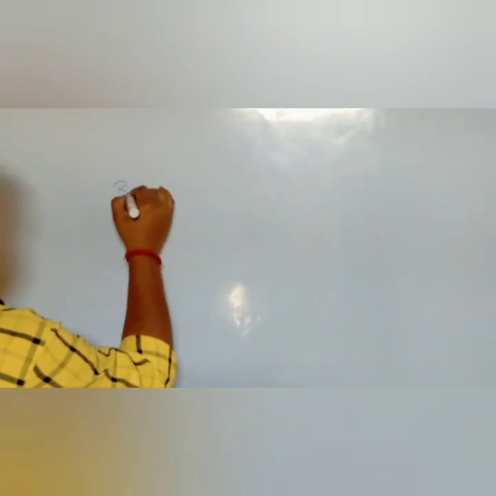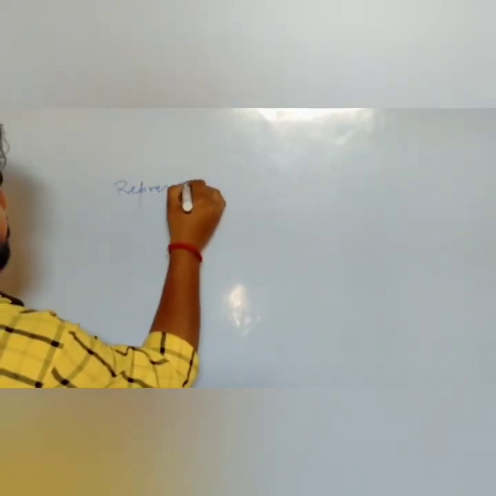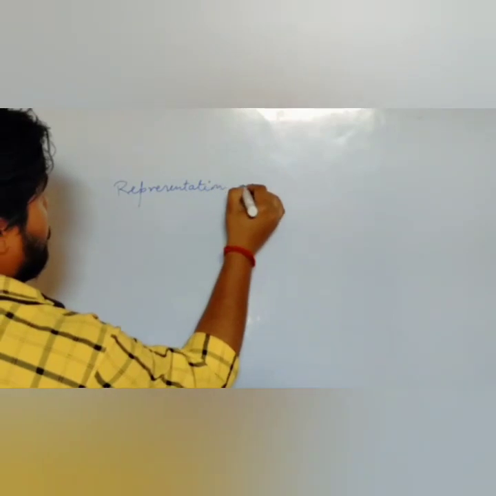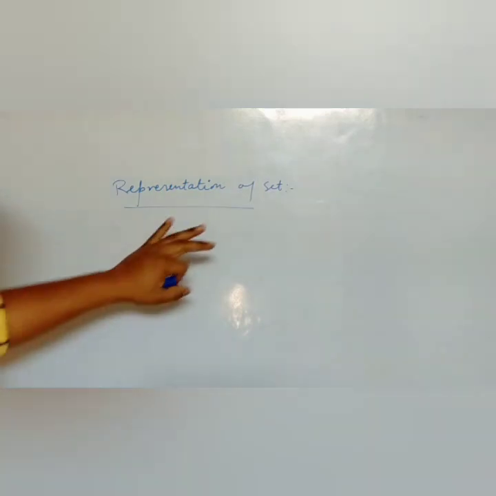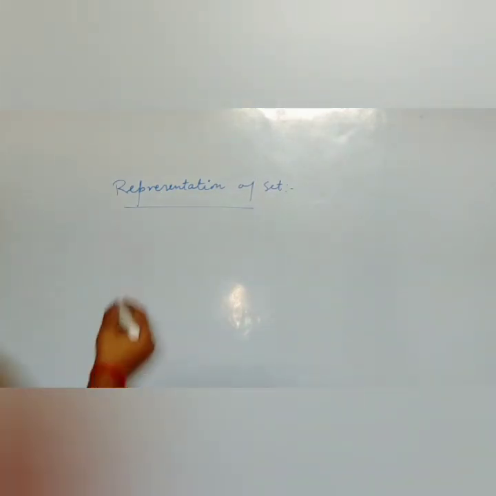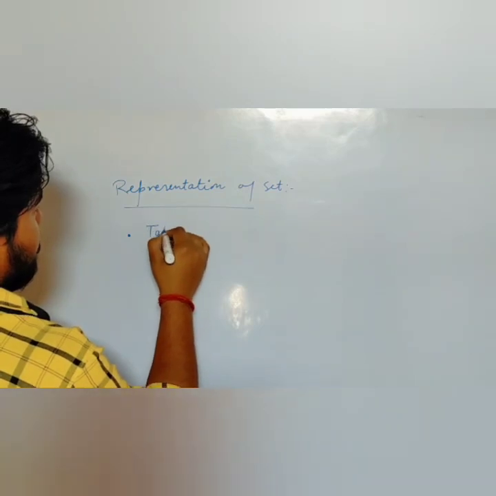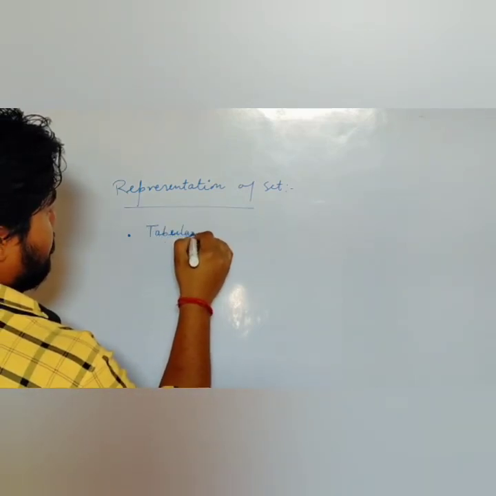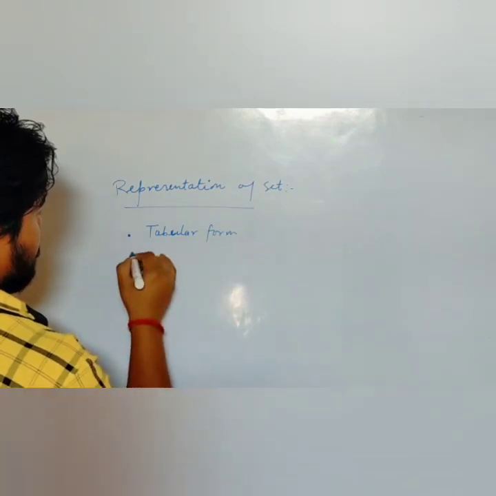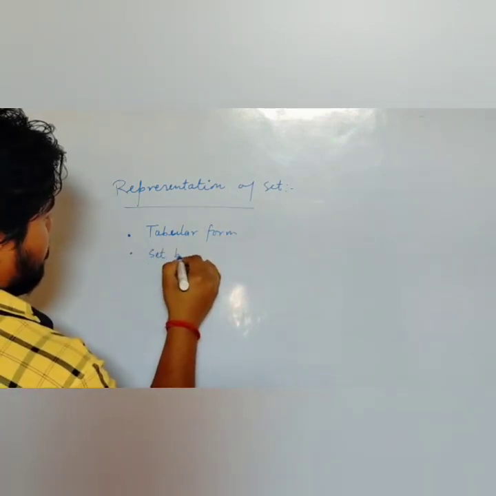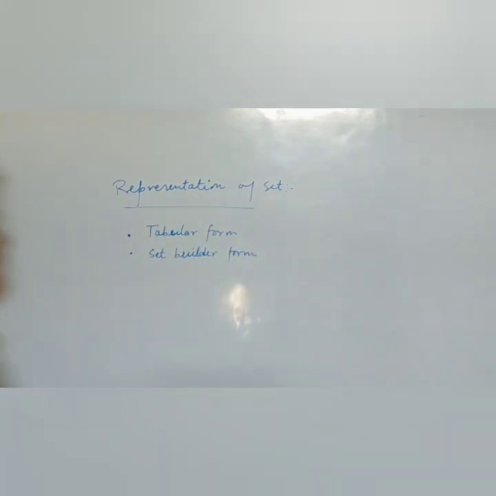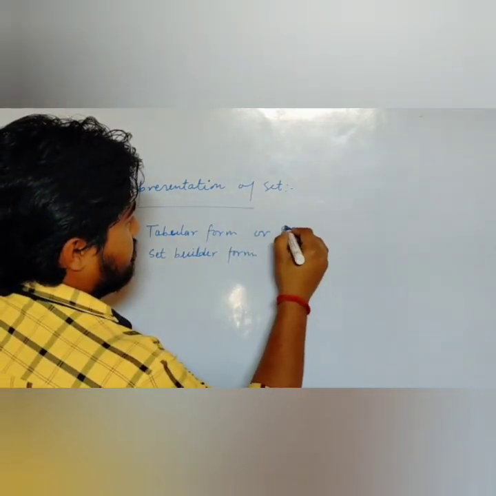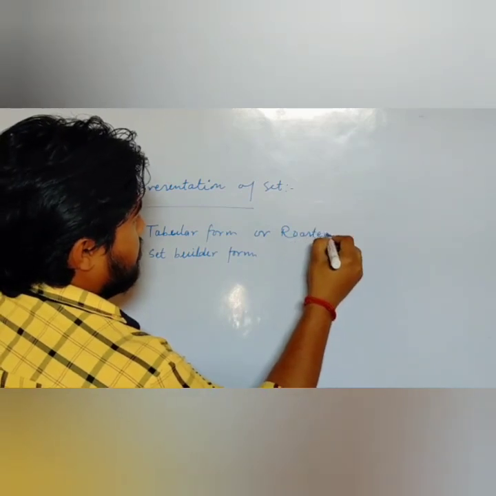Now the representation of a set. We can write a set in two forms: the tabular form and the set builder form.